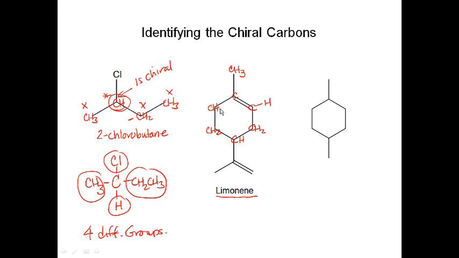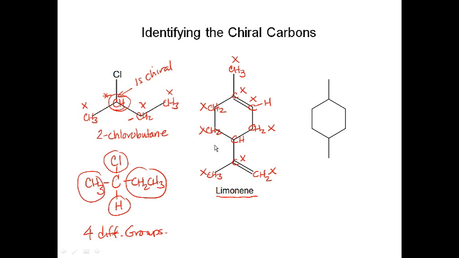I'm going to first of all write in my groups, and now let's go ahead and eliminate the ones that have no possibility of being chiral. CH3, not chiral. CH2, CH2, CH2, CH3, CH2, definitely not chiral because they have two of the same atoms attached. We can eliminate the carbons in the double bonds from being chiral. Why? Because they're not sp3 hybridized.